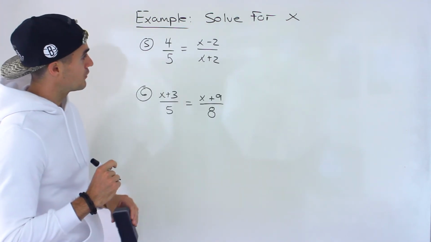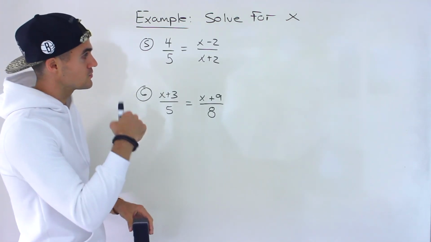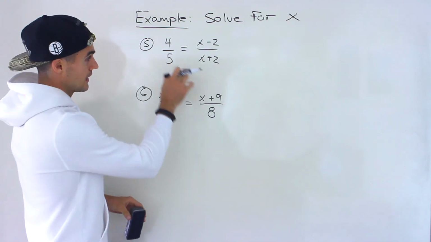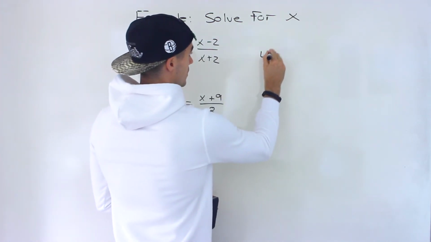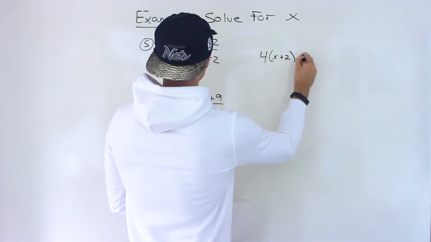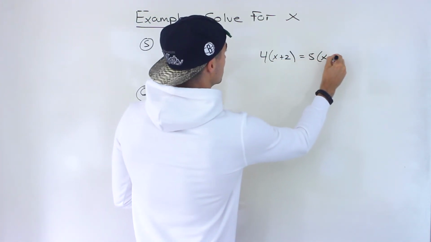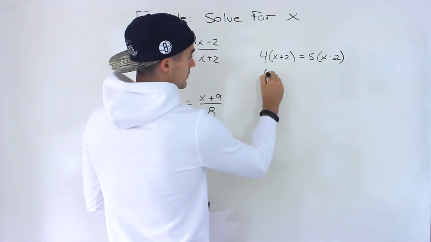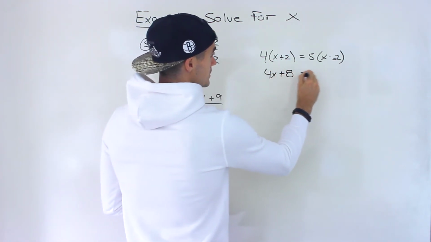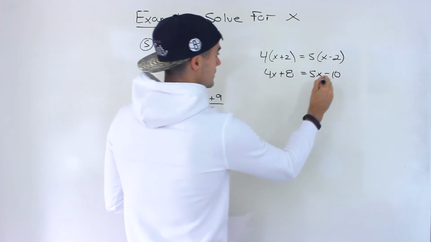Moving on to number 5, we got 4 over 5 equals x minus 2 over x plus 2. Again, one fraction on each side, so we can go straight into cross multiplying. So we'd end up with that right there. And so this would end up being 4x plus 8 equals 5x minus 10.